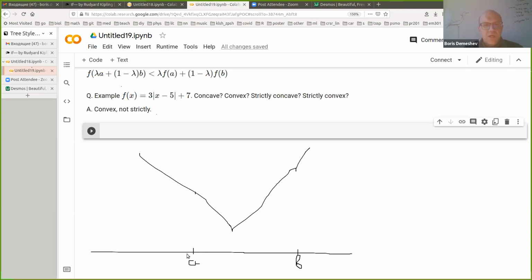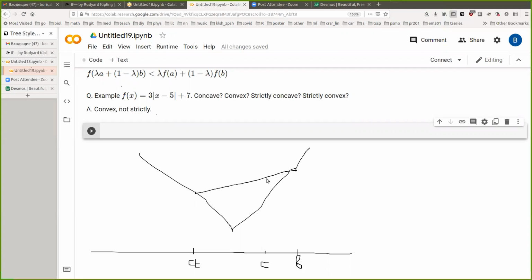Okay, this is the point A and this is the point B. And if I draw a line between the values, I see that if I take any point in between A and B, any point like C, the value on the segment is strictly above my function, okay?